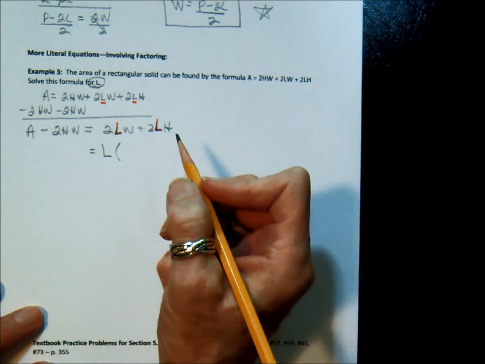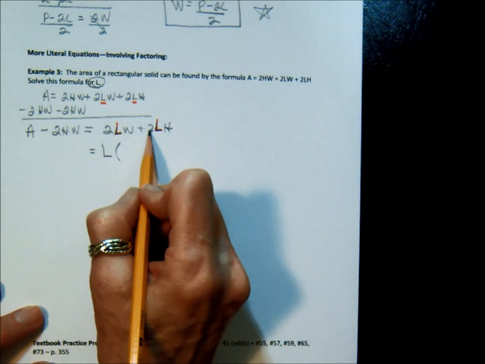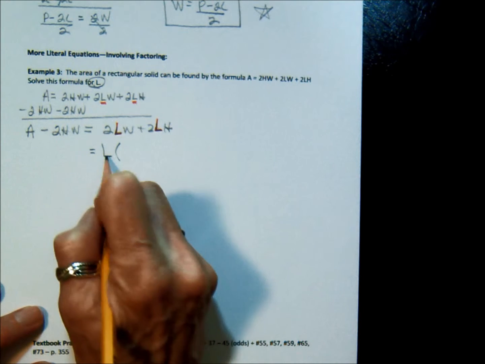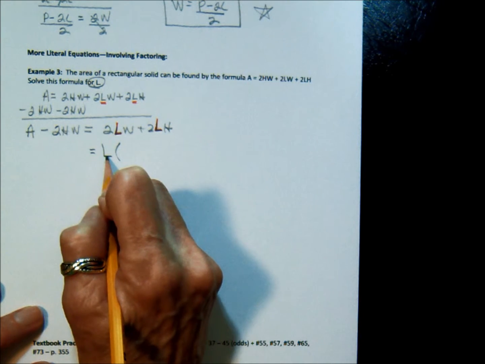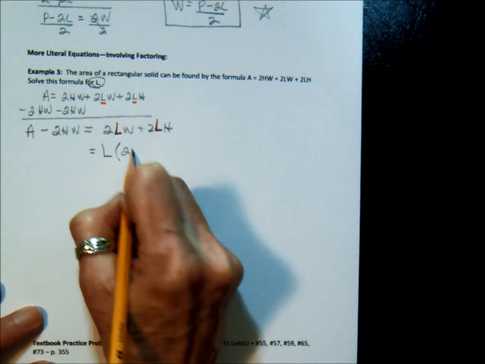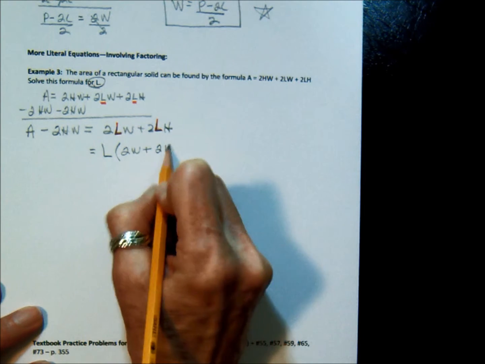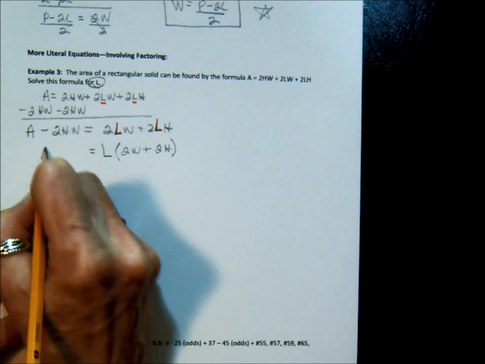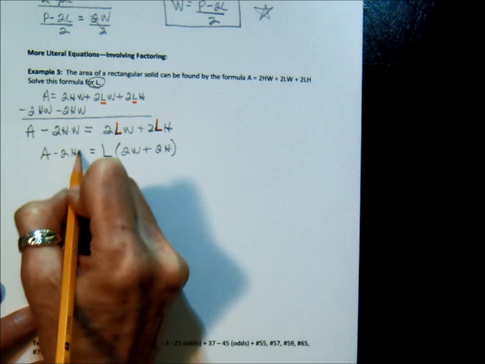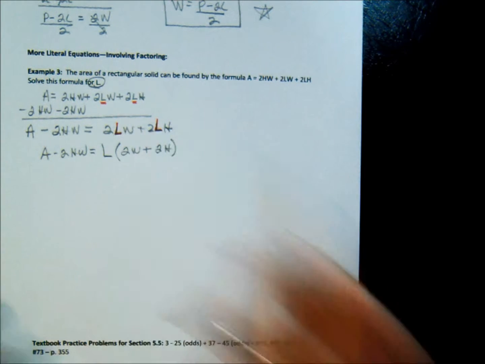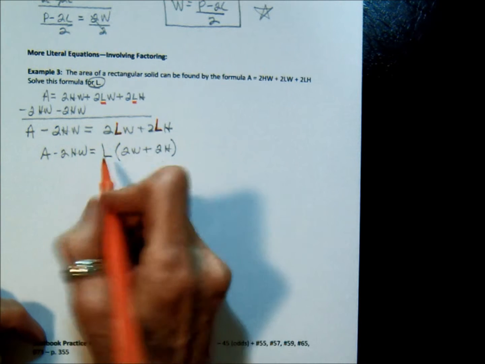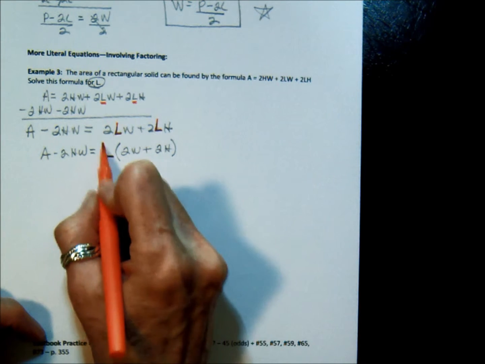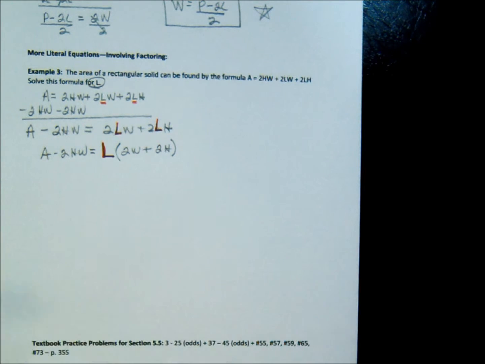And by the way, I realize you could also factor out a 2, but we don't want to do that because we want the L to be by itself. We would be left with 2W plus 2H equals A minus 2HW. So I went from having two of those L's to just having the one, and we did that by factoring.